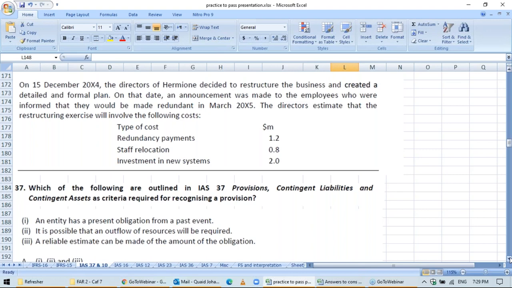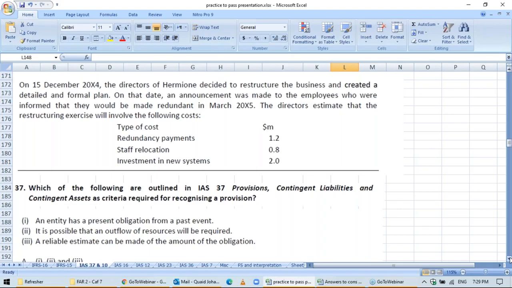Which of the following are outlined in IS 37 provisions, contingent liabilities, and contingent assets as criteria required for recognizing a provision? There is a paragraph in IS 37, its number is 14. So it requires criteria for when you will recognize a provision.